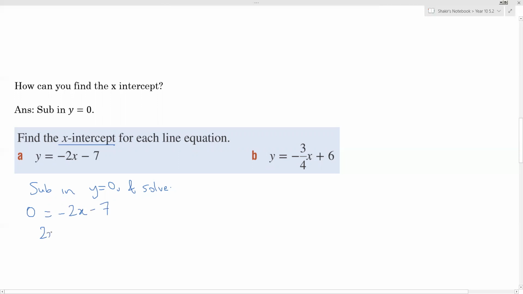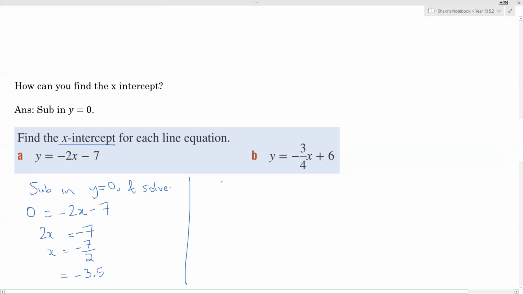And that's 2x is equal to negative 7. We just take 2x to the other side. Then x is equal to negative 7 over 2. So the x-intercept is at negative 7 over 2, or negative 3.5 if you want to think of it like that.